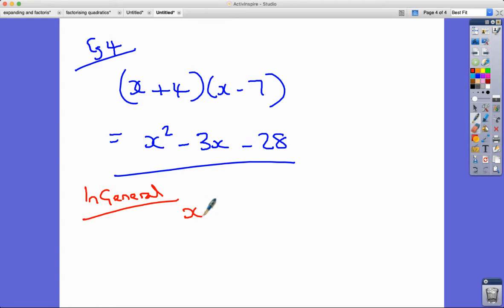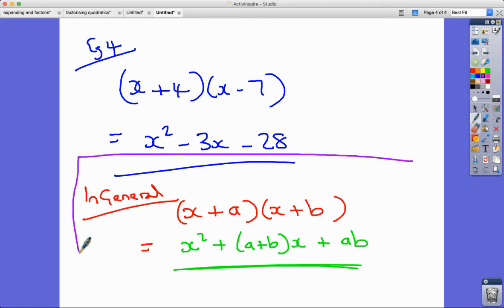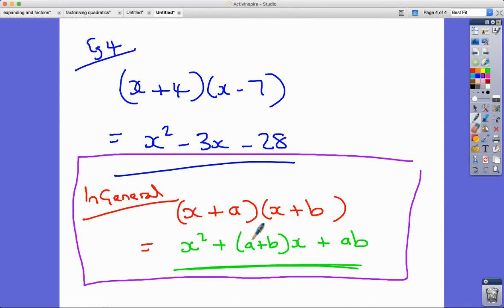If you've just got x plus a multiplied by x plus b, then what this gives us is always x squared plus (a plus b)x plus ab. That's just quite nice sometimes, just to speed up the process. Of course, there's nothing wrong with doing the smiley face method, but as you do a few of these questions, you'll notice naturally that this is what's happening. We add up the numbers to get the coefficient of x, and we multiply them to get the number on the end of the quadratic expression.